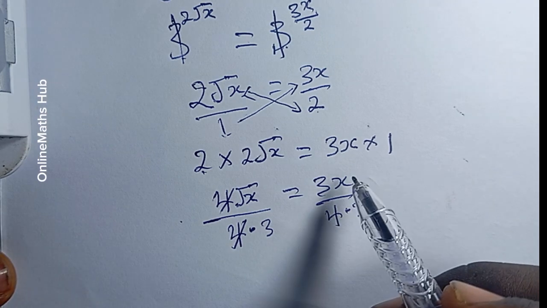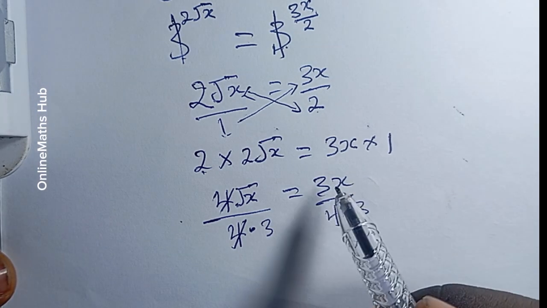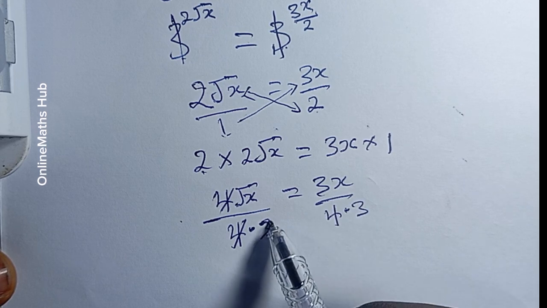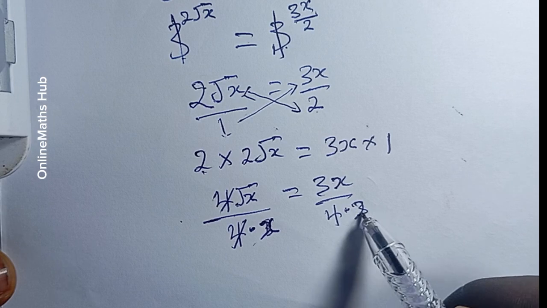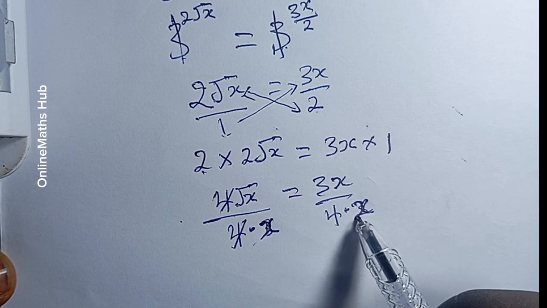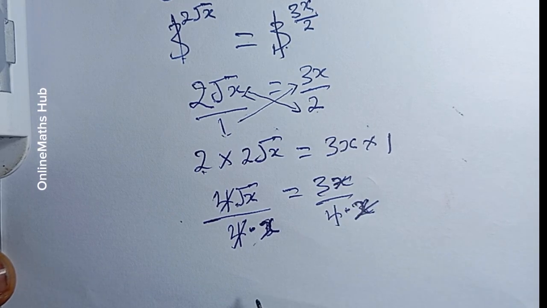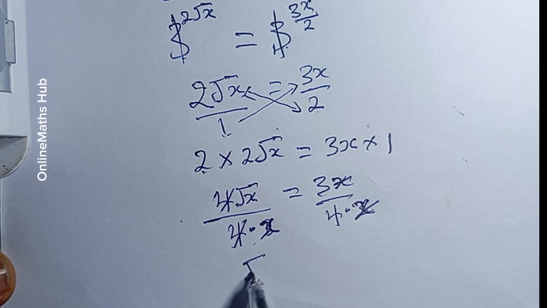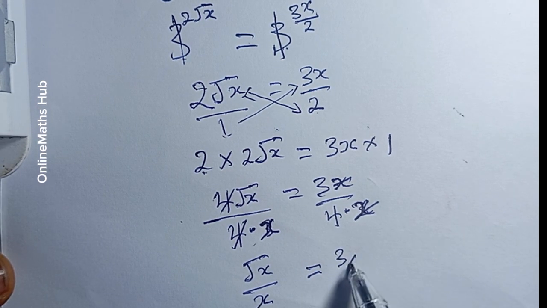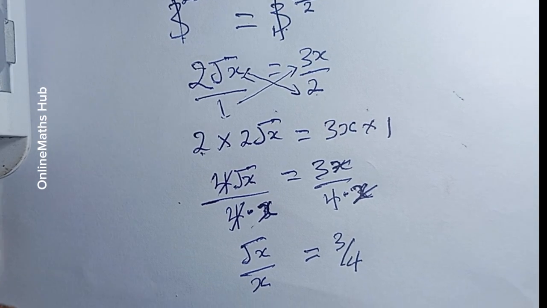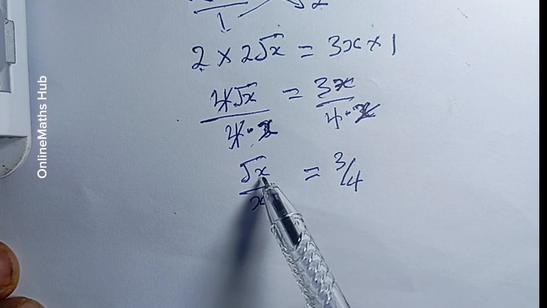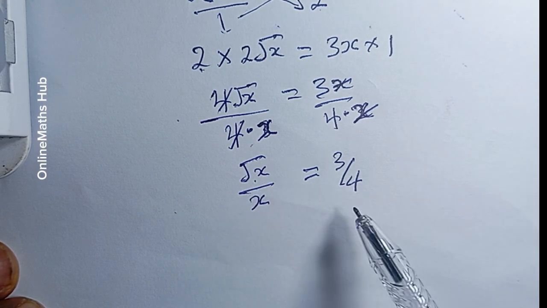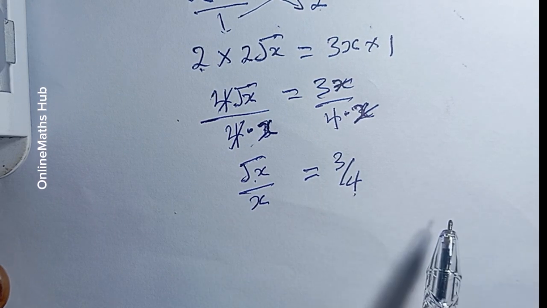Of course, because we want to collect like terms, I'm going to be dividing through by this x, so that this x will cancel this x right here, and then what I have is root x divided by x is equal to 3 over 4. You can see I've been able to group the whole thing. I've collected items, and then I have x right here, and then I have this fraction over here.